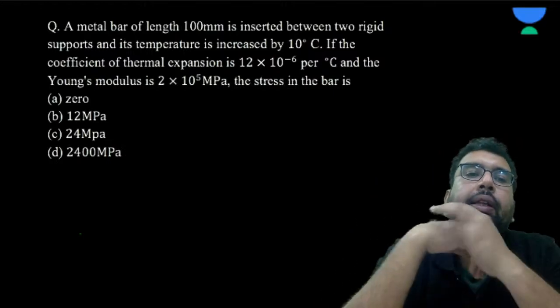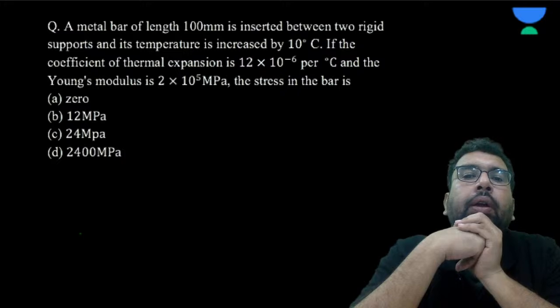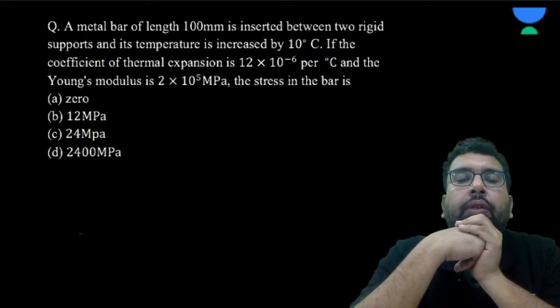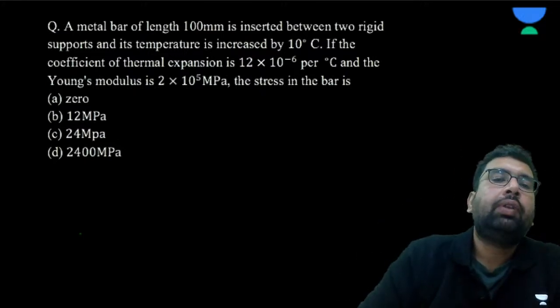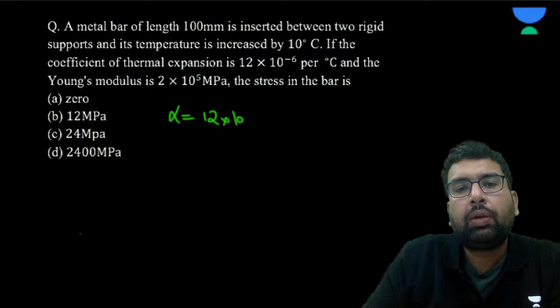So what does it say? It says a metal bar of length 100 mm is inserted between two rigid supports and its temperature is increased by 10 degrees Celsius. If the coefficient of thermal expansion is this and the Young's modulus is this, the stress in the bar is. So alpha is given as 12 into 10 to the power minus 6 per degree Celsius.